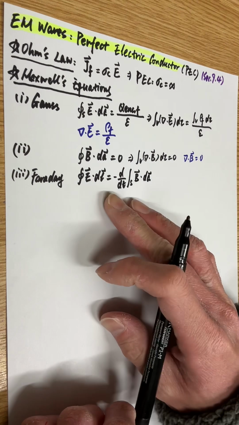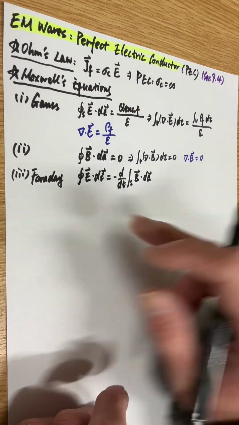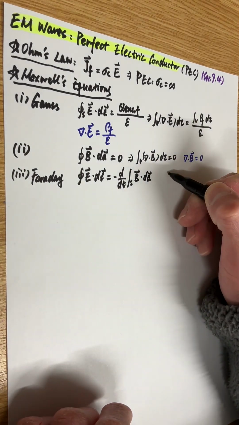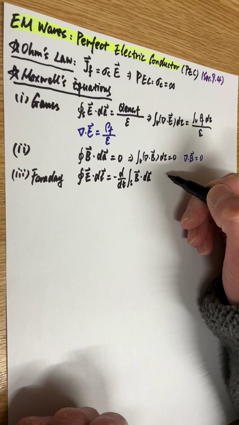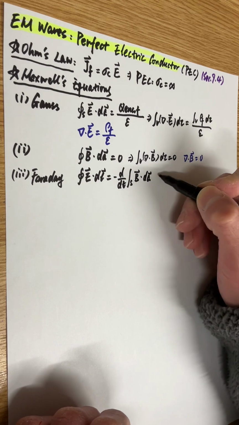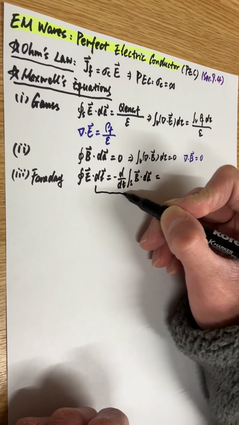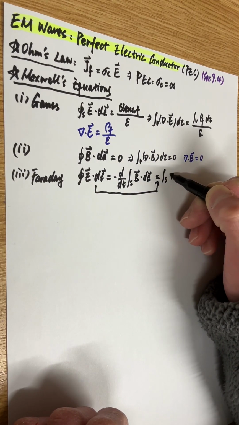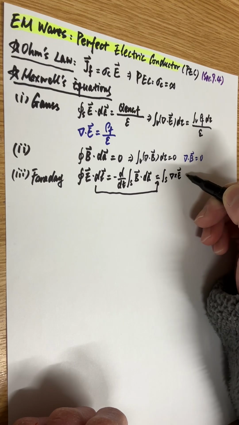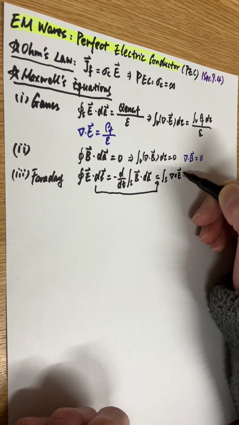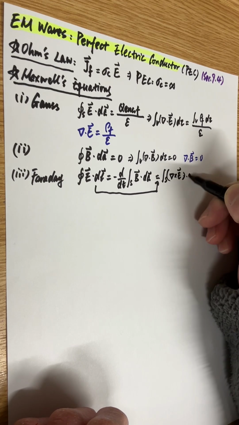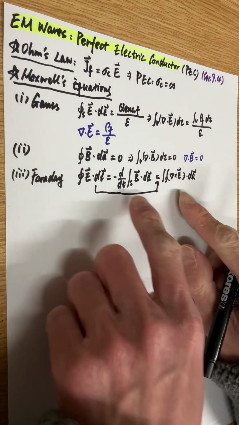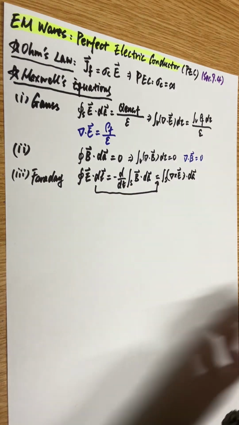So now if we call the fundamental theorem for curl, on the left hand side we have the surface integral of curl of E dA. So now we have the surface integral on both sides.